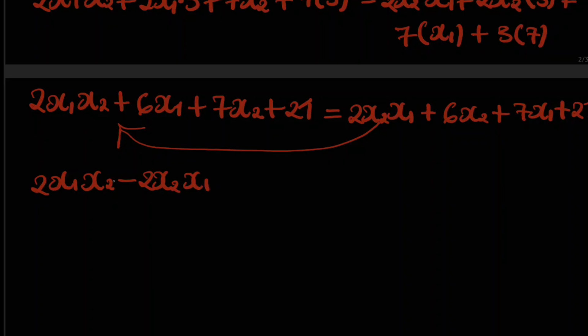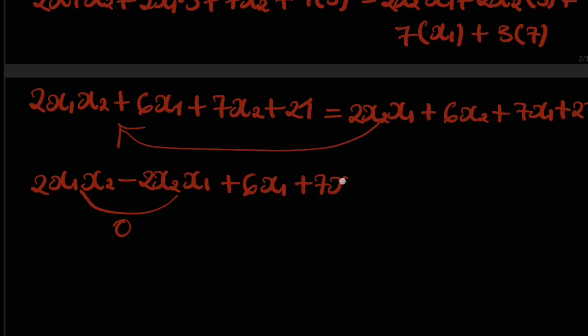If you see, we have the same thing. We have 2x1 x2 is the same as 2x2 x1. So let me subtract them. Going to say 2 plus 6x1 plus 7x2 plus 21.